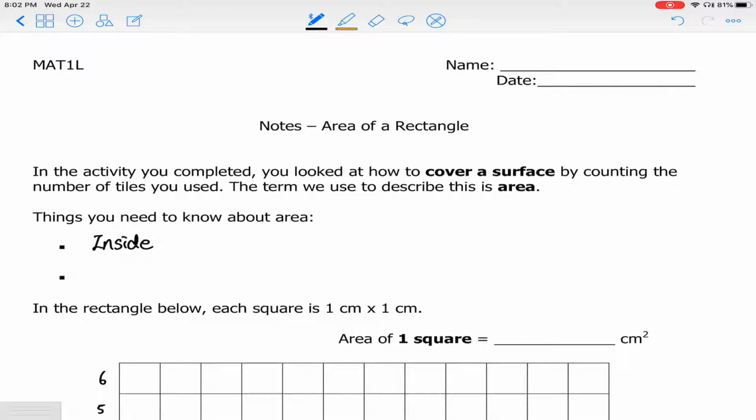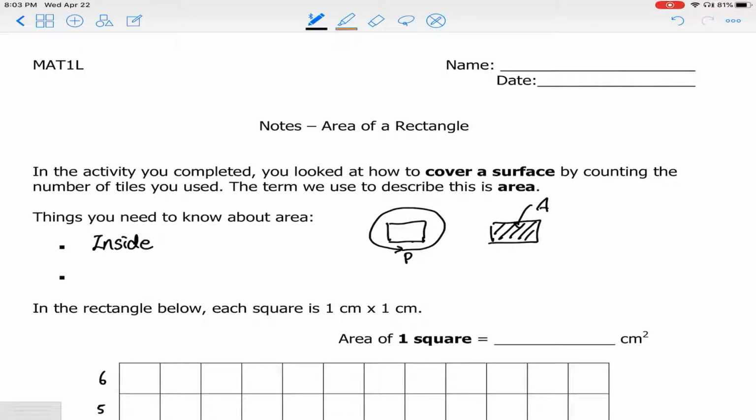Remember, the perimeter represents the outside, the length around the shape. However, the area covers what's inside of it. In terms of the drawing, this is the perimeter, whereas the area is just the inside. So how much is used to cover the inside, that's the area.